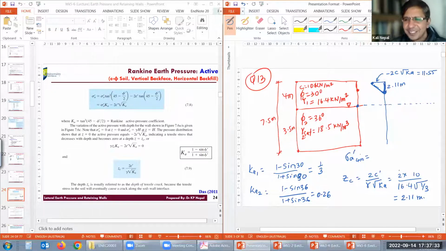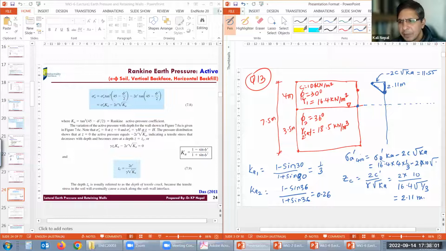Not randomly everywhere. So that would be sigma'a equals sigma' Ka minus 2c root Ka, which is gamma D Ka minus 2c root Ka. Gamma is 16.4 times D of 4 meters times Ka of 1/3, minus 2c, which is 10, times root 1/3. Can you compute this for me, please?